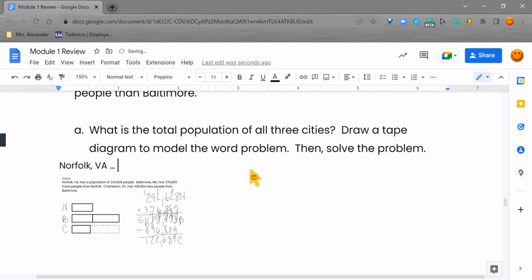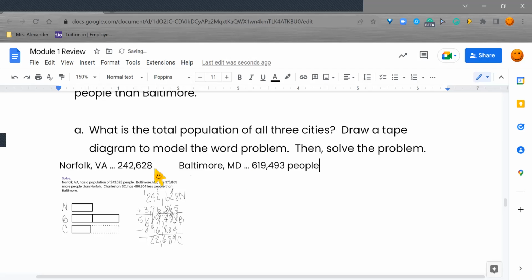is 242,628. And then I'm going to say Baltimore, Maryland, that is 619,493. And I should be writing people because what we're talking about is people.